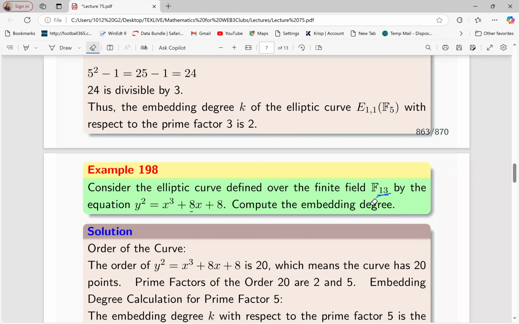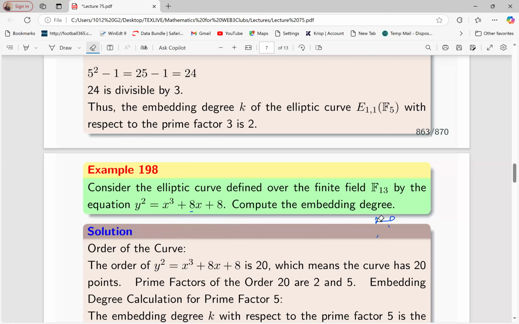So the group has 20 points. 2 goes here 10 times, 2 goes here 5, and then 5 goes there 1. So it has 2 prime numbers, 2 and 5. So we expect 2 embedding degrees, one corresponding to 2, another corresponding to 5.